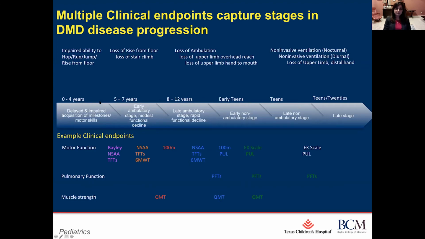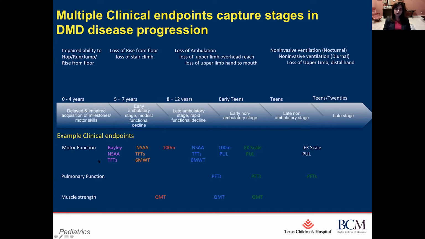We can monitor multiple clinical endpoints at different stages of Duchenne muscular dystrophy disease progression. In the early stage, patients who are less than 4 years old have mild symptoms like delayed walking and some difficulty with motor skills: running, hopping, jumping, and getting up from the floor. At that time, we can monitor motor function by utilizing the Bayley motor developmental measure.